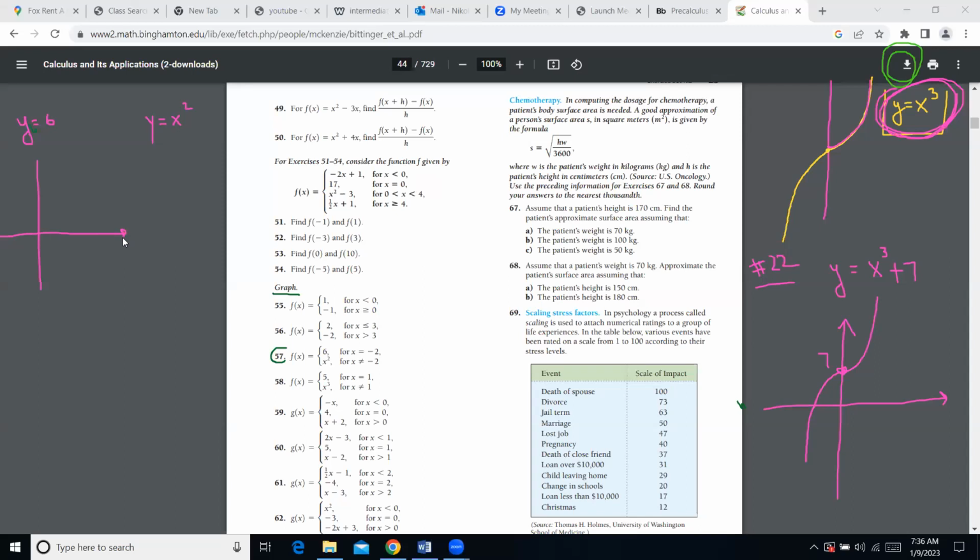So the first one that says y is equal to 6 will be the graph that passes through point 6 on the y-axis. You say, wait a second, why is that? Well, if you have y is equal to 6, it doesn't mean that you have only the point 6 on the y-axis.